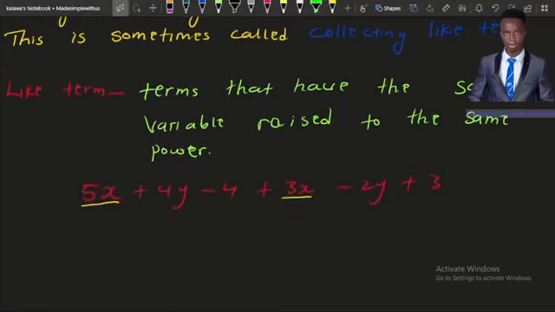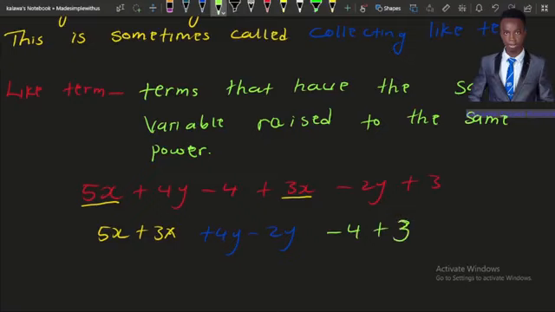These two are like terms because this is 5x plus 3x. And also we have here plus 4y minus 2y. These are also like terms. I'll further explain. And we also have here minus 4 plus 3. These are also like terms.